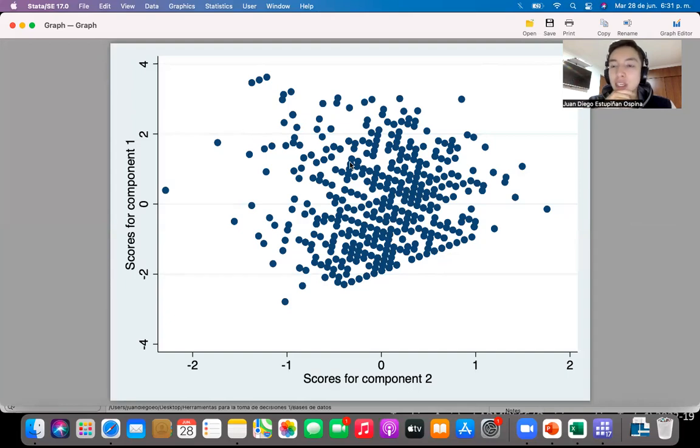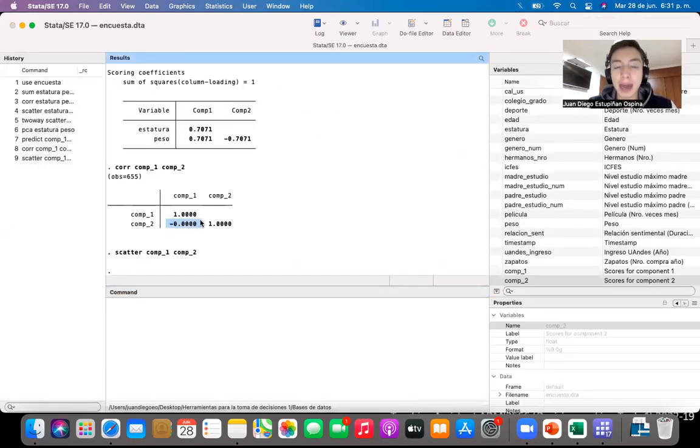So we can assume that there is no correlation by using only this graph, for example. But by seeing that the correlation is equal to 0, we can argue that there is no correlation at all.